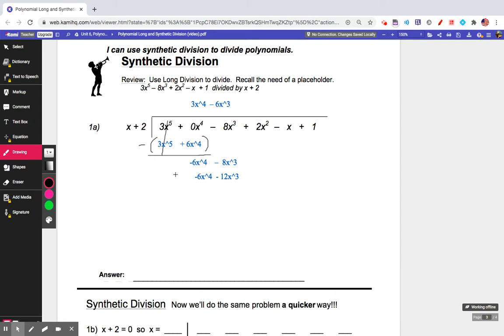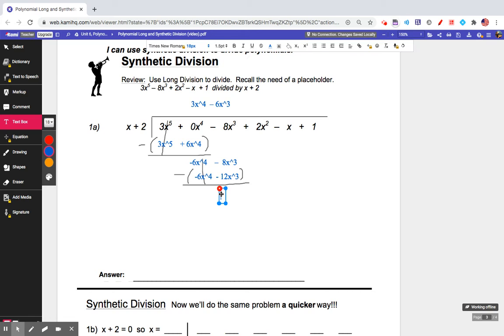So I'm going to subtract this expression. A negative 6x to the 4th becomes a positive 6x to the 4th, they cancel. Negative 8x cubed plus 12x cubed is positive 4x cubed. And then I bring down my plus 2x squared.